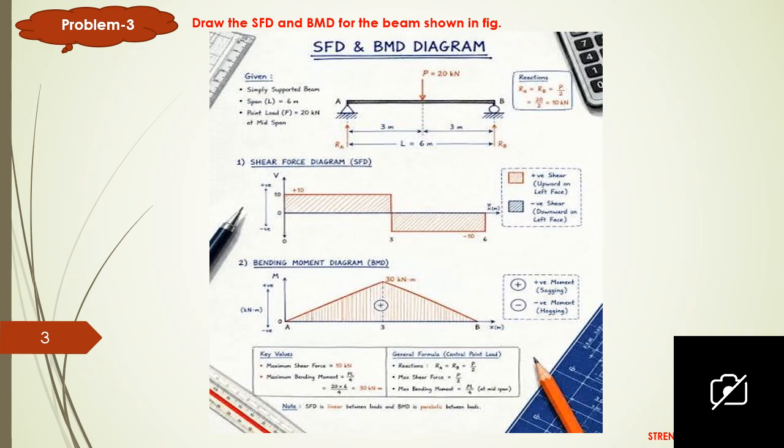And for the shear force and bending moment diagram, you can easily solve by using the previous cases and draw the shear force diagram. And bending moment value is maximum at the center because only one force is acting, and that too in center.